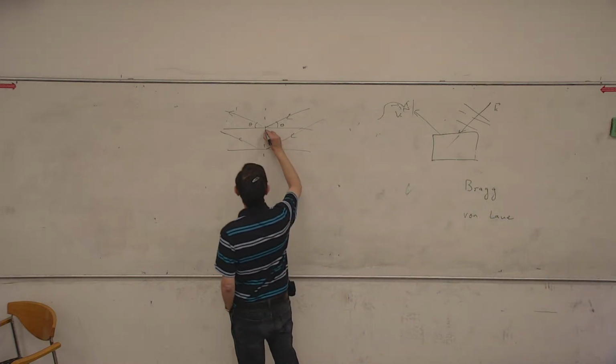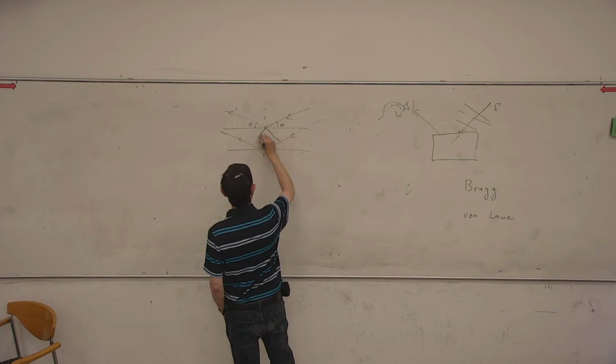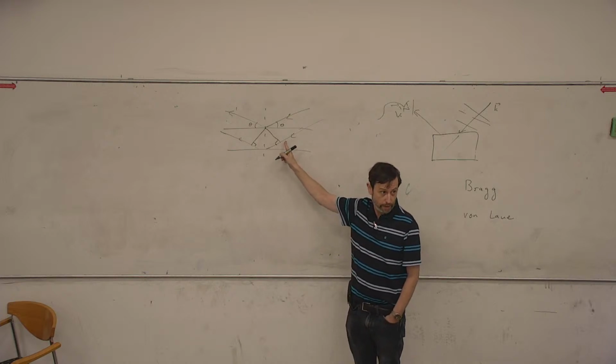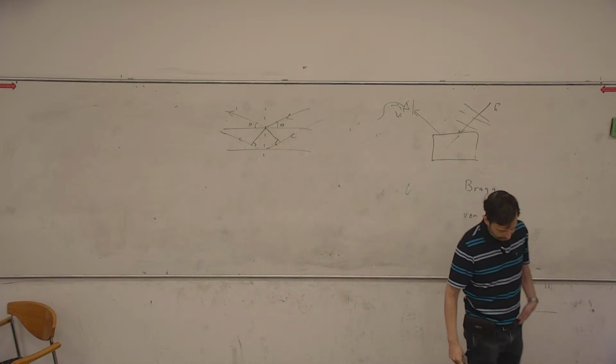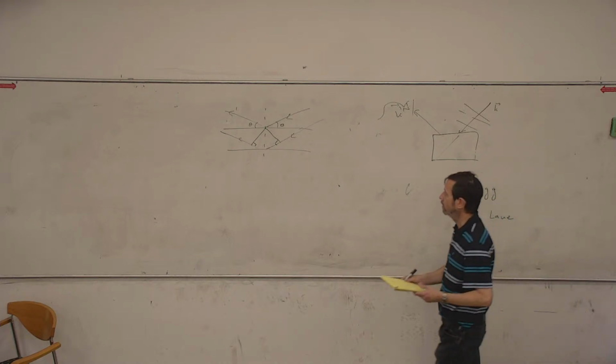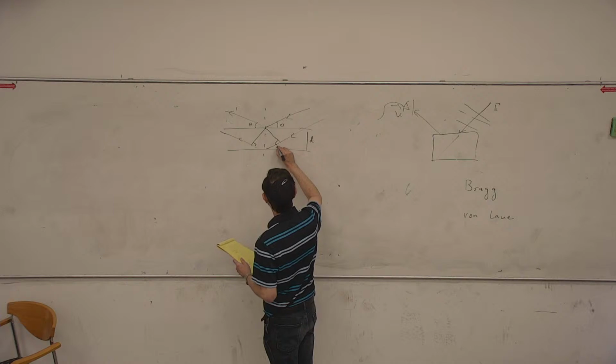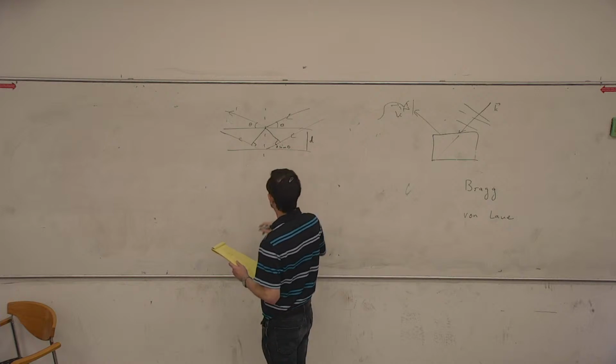And what is the difference in the optical way? These two parts, if I call the distance between the planes d, that will be 2 times d sine theta, right?